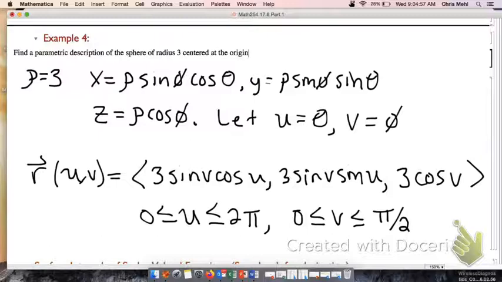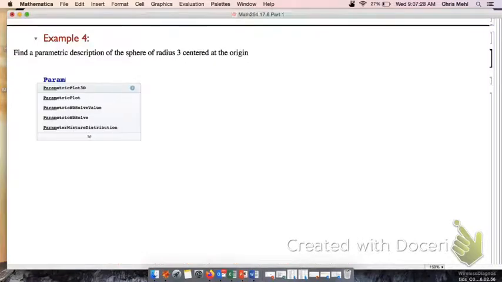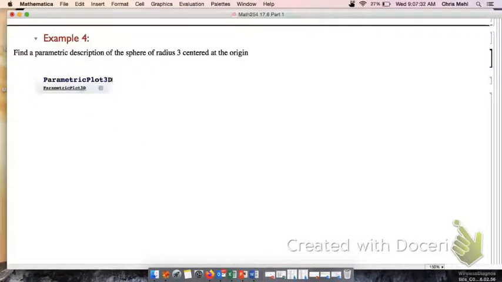Okay, so now I've got to get rid of the writing to plot this with Mathematica. Again, we'll do ParametricPlot3D. And x was 3 sine phi cosine theta, which becomes 3 sine v cosine u.